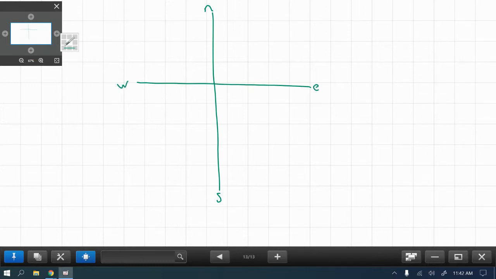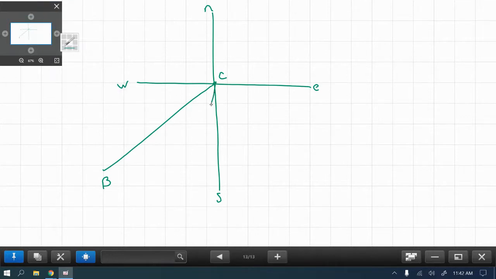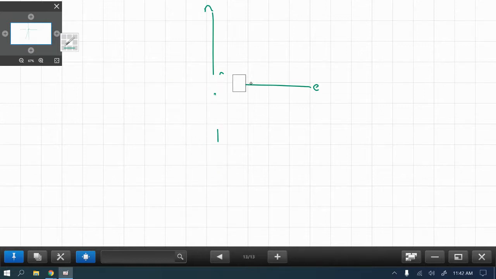Okay, so this is C. This is B. This kind of goes off more at an angle. This one kind of really comes out more. So this is just my check to make sure my math is right.